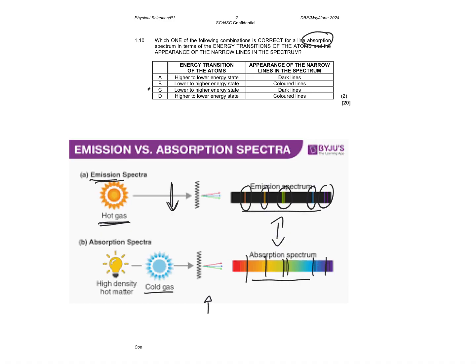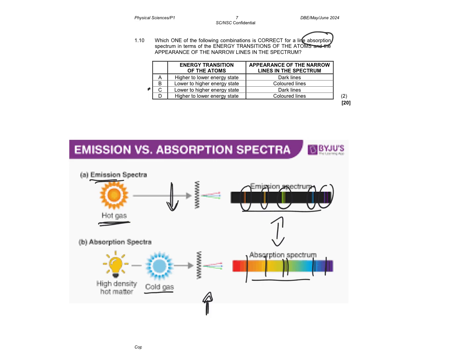For an absorption spectrum, it's simply the exact opposite. It's a cold gas, and so energy is absorbed, and so you don't see those colors. You do see them through a hot gas in an emission spectrum, and you don't see them if you shine it through a cold gas in an absorption spectrum.